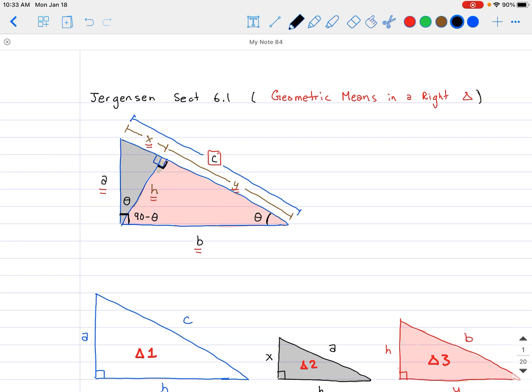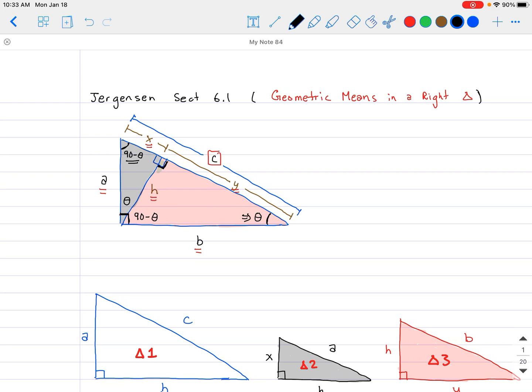Finally, if we go to the very top, then this angle over here should be 90 minus theta because of the gray triangle. And in addition, the original triangle is a right triangle to begin with. So if the original angle was theta, then this definitely has to be 90 minus theta. So you can see that all three triangles are similar to each other by AA similarity.